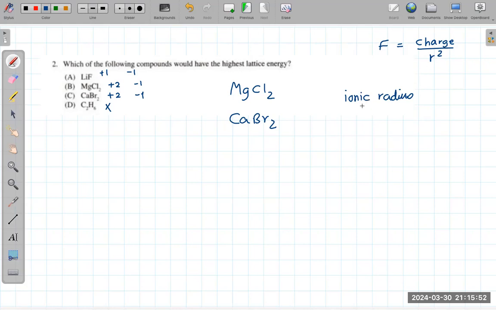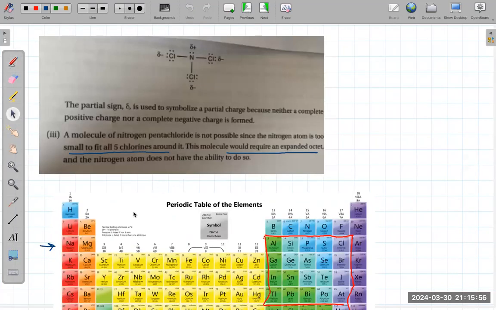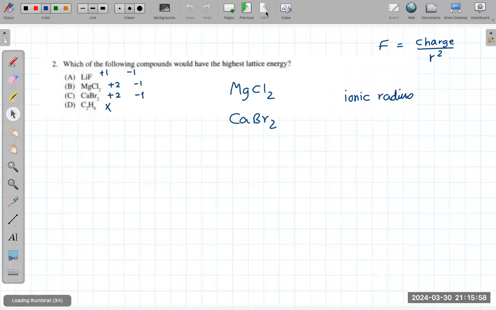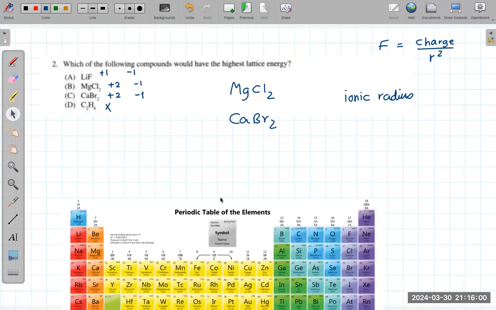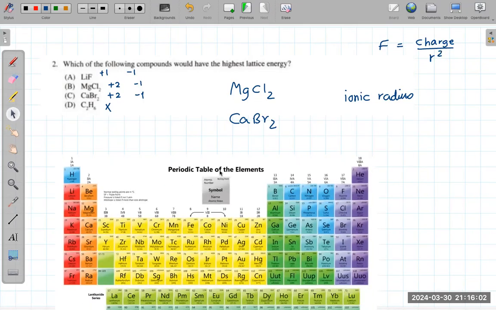Okay, which ionic radius is bigger, magnesium or calcium? Let's have a look at the periodic table again. I have the magnesium and I have the calcium. Which one has the bigger radius? Calcium. Calcium has a bigger radius, so it is weaker or stronger? Weaker. And we need the highest lattice energy, so we'll use the magnesium.